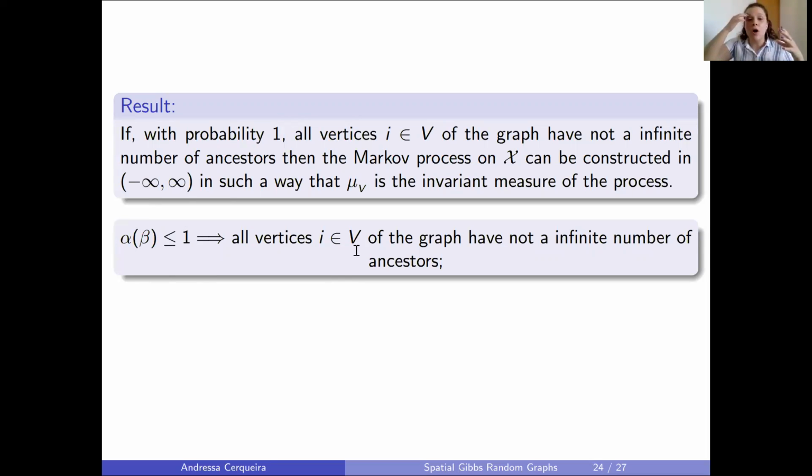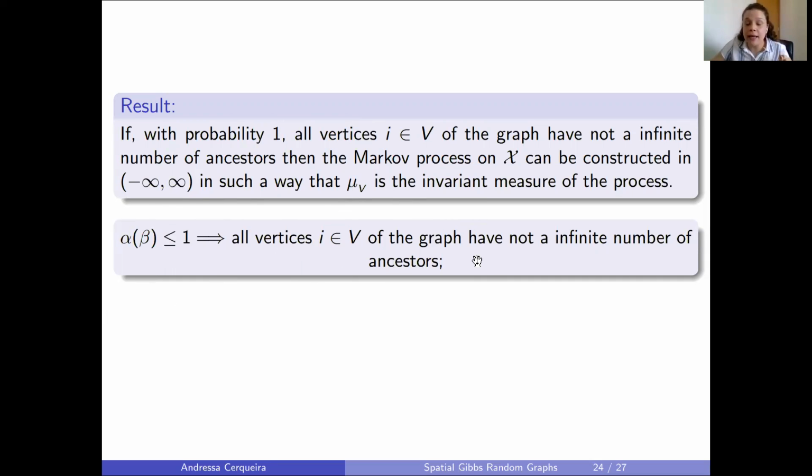So all the vertices have a finite number of ancestors. You can imagine, because of this condition here, that to have that, we just dominate the clan of ancestors process by a branching process. And then this just guarantees that we have the extinction of the branching process, so we don't need to have more and more ancestors. This is the idea to prove this part here.